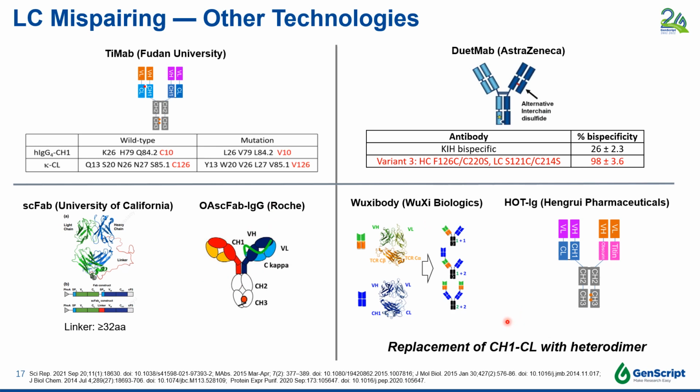And for replacement of CH1/CL with heterodimer, it is similar to Fab knob-in-hole, as there is no covalent interaction. The SDS-PAGE purity may not look so good.